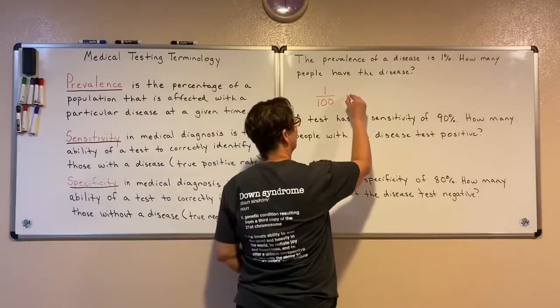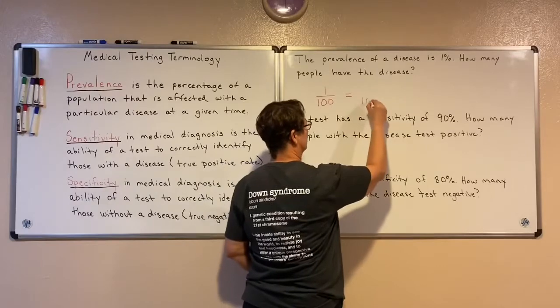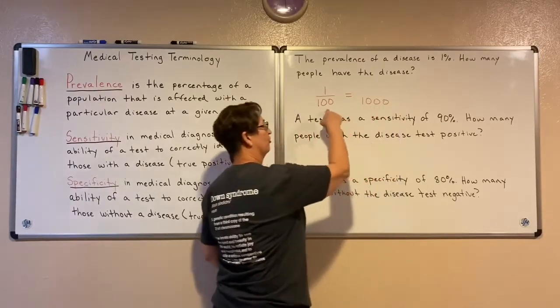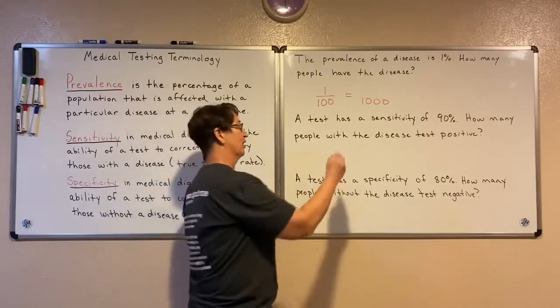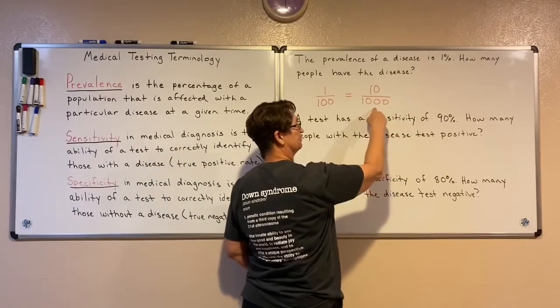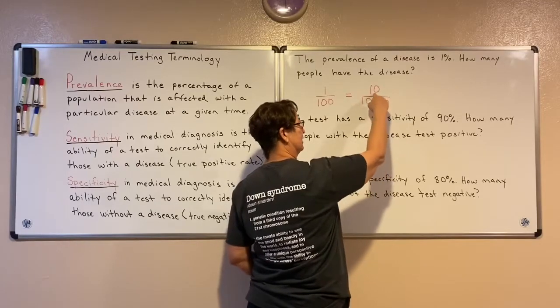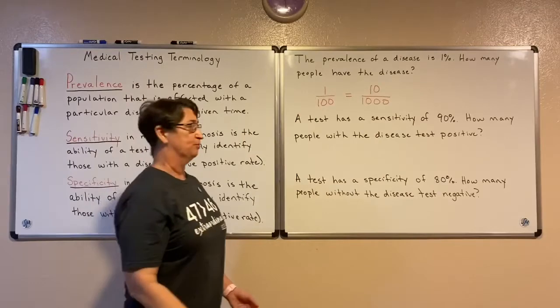If my population is larger, let's say my population is 1,000, notice I multiplied my denominator by 10, so I just multiplied my numerator by 10, because 1% of 1,000 is just 10. I would expect 10 people to have the disease out of 1,000 people.